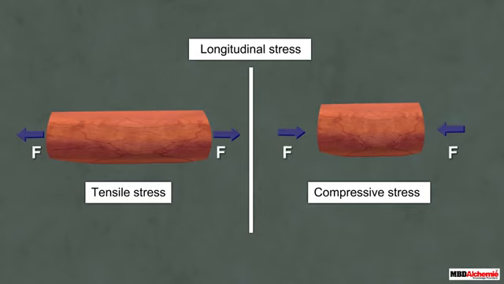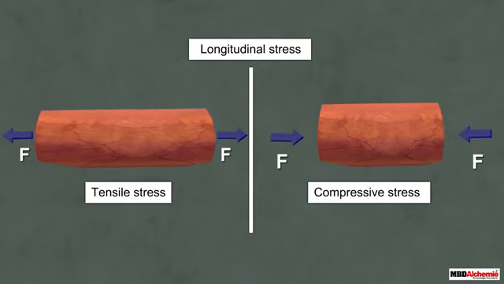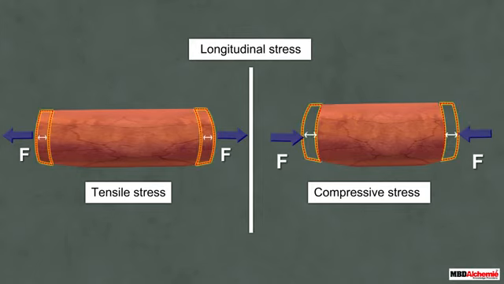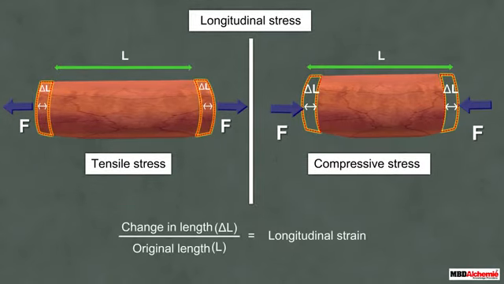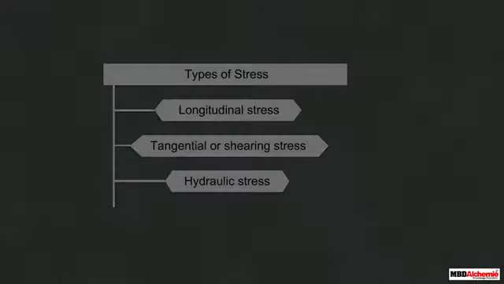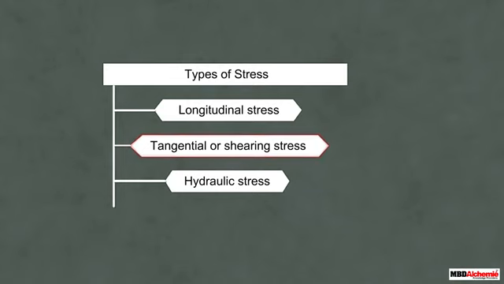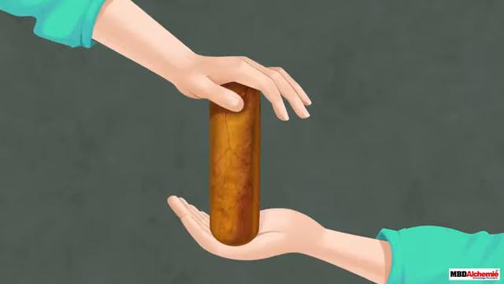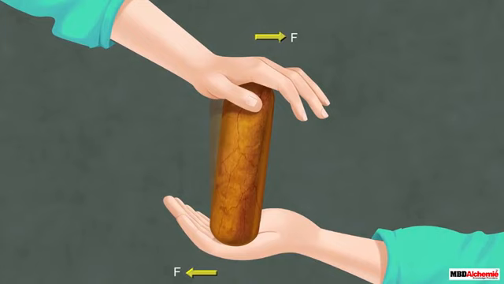In both the cases, the length of the object is changed and the ratio of the change in length delta L to the original length L is known as the longitudinal strain. Let us now understand what is tangential or shearing stress by performing a small activity. Once again, take the clay cylinder and apply force using your hands on both the faces of the cylinder in opposite directions.